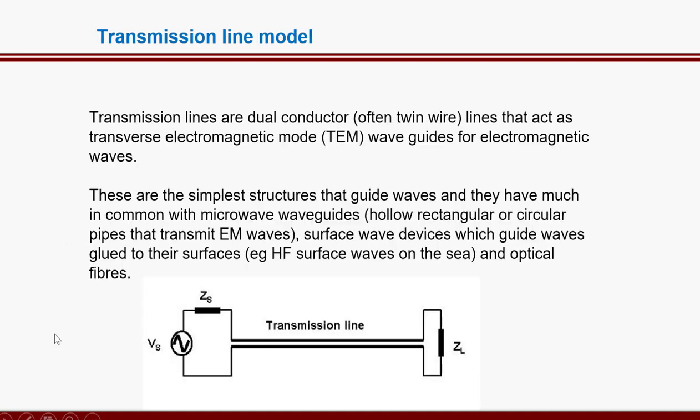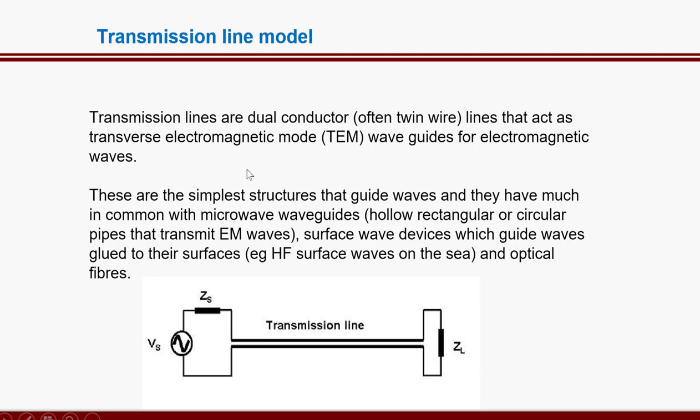In general, a transmission line consists of a dual conductor, two wires. One is a signal wire and the second one is a ground wire. These lines act in transverse electromagnetic mode because they transmit transverse electromagnetic signals only, and they guide the waves along these lines.